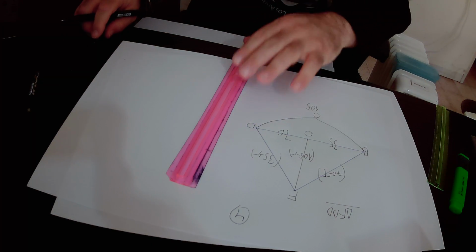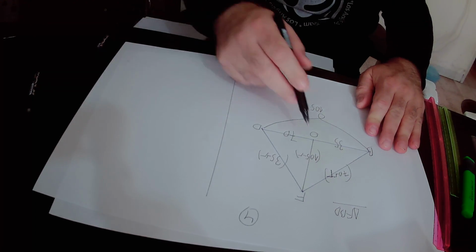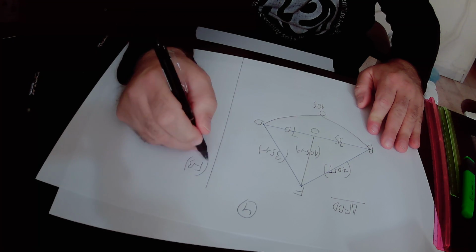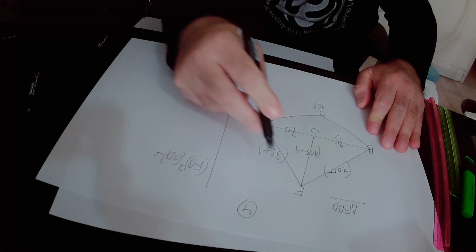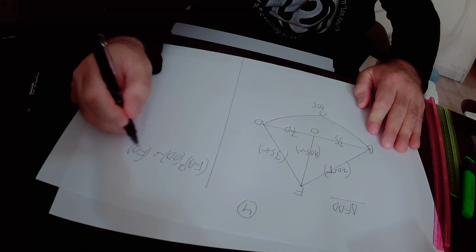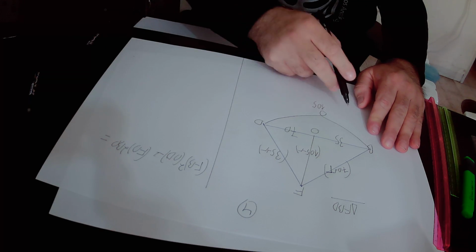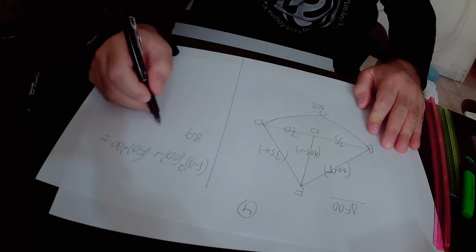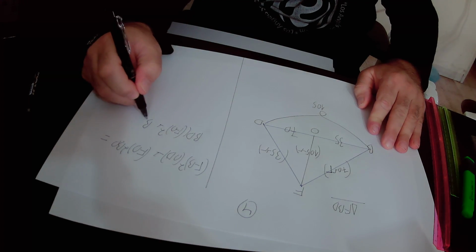We can implement here Stewart's theorem. According to Stewart's theorem, FB squared times OD plus FD squared times BO equals BD, and inside the brackets we have FO squared plus BO times OD.